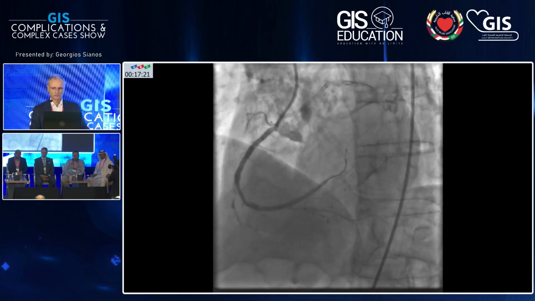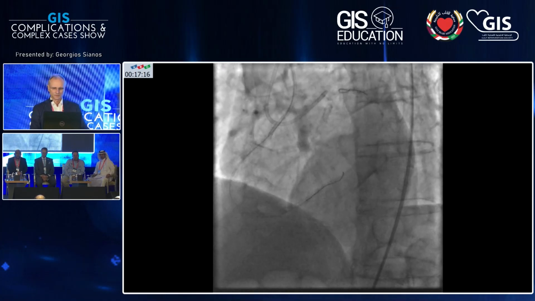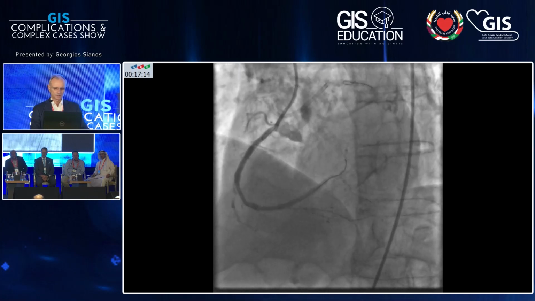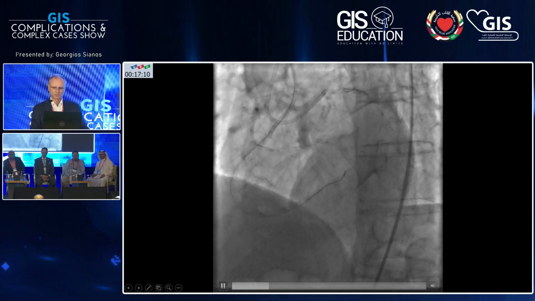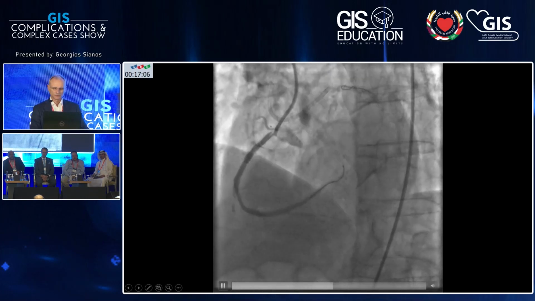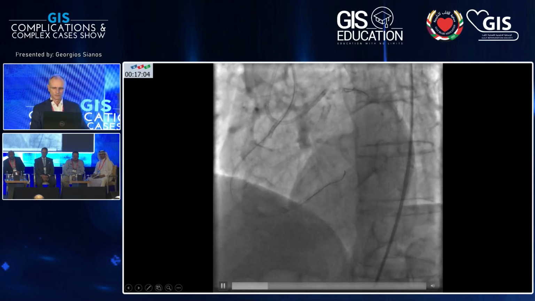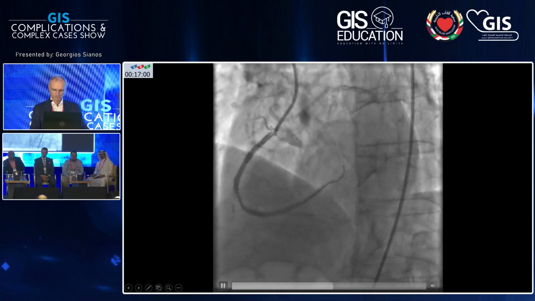Anyway, to make a long story short, this careless evolution of the case led to a perforation of this epicardial collateral, which was completely unnecessary. Clearly, after the restoration of the antegrade flow, you see the epicardial collateral from the PLA, and it goes all the way to the proximal circumflex.